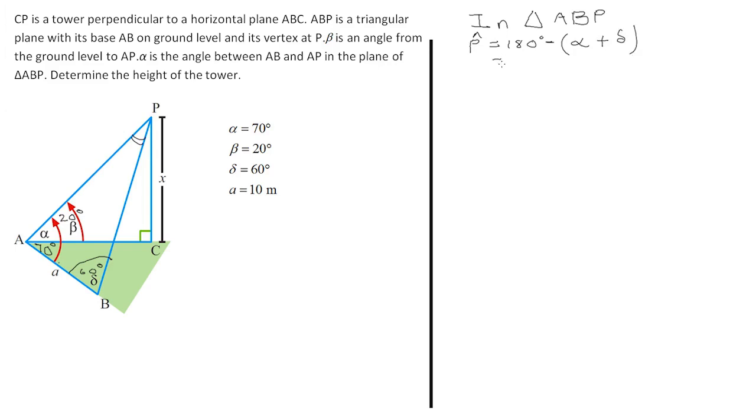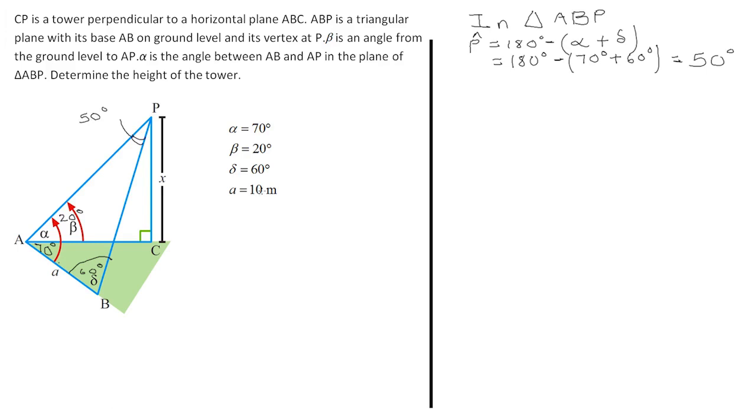Which is equal to 180 degrees minus alpha is 70 and delta is 60, and we got a nice answer of 50 degrees. So immediately I can then indicate there that angle there is equal to 50 degrees.